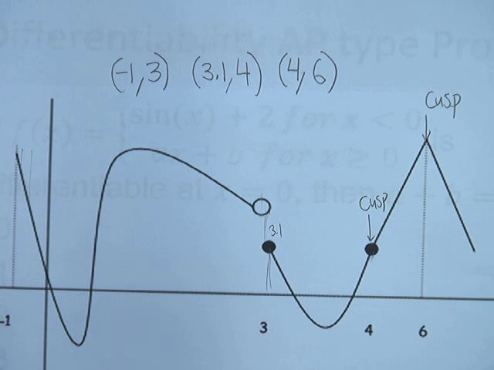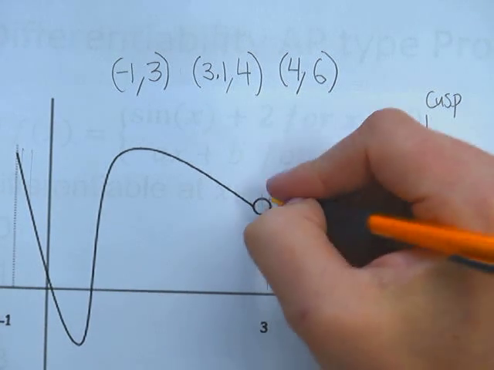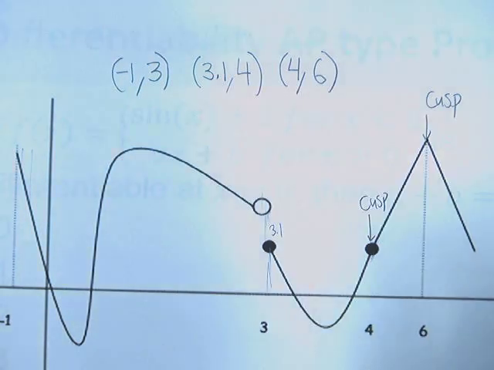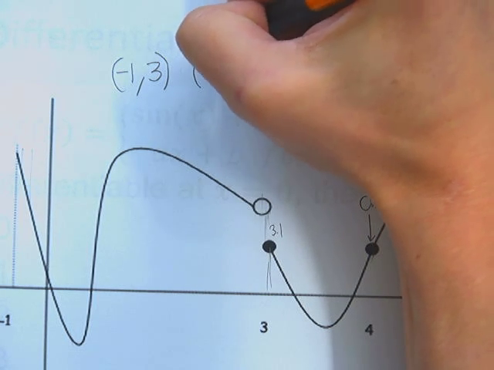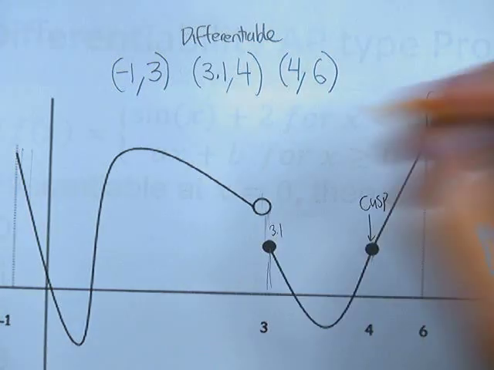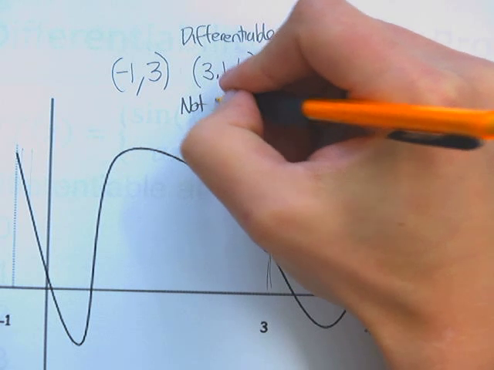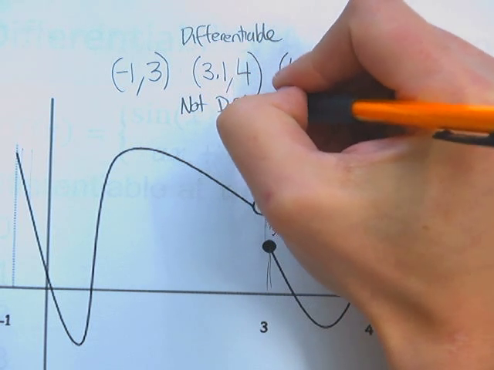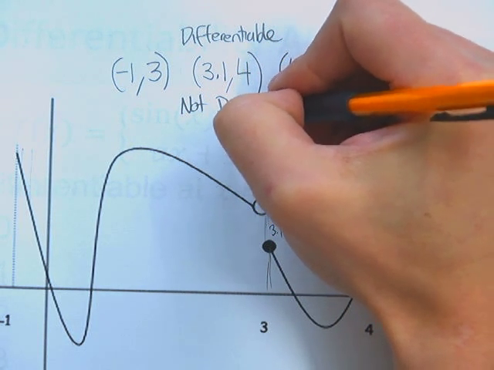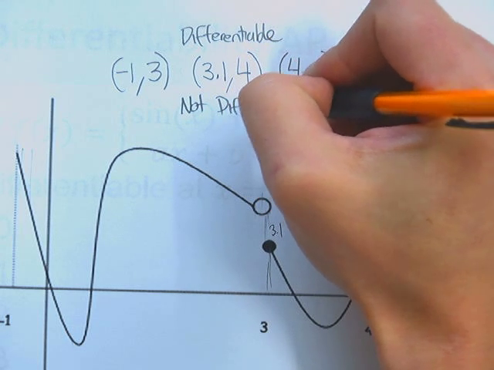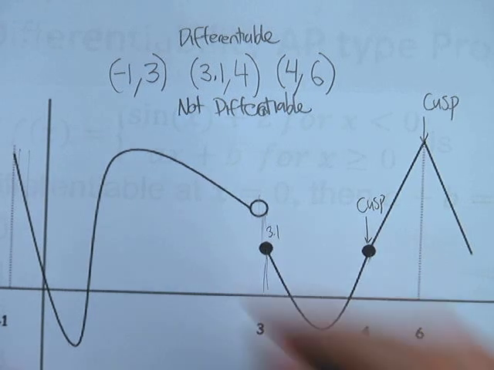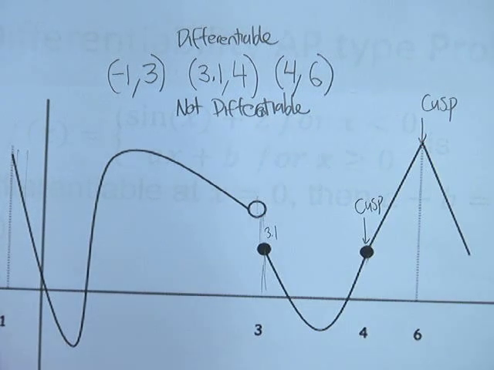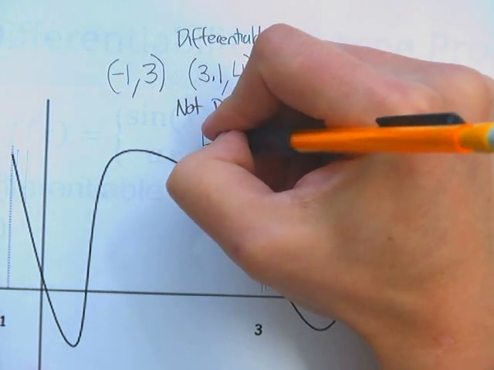If it asks you where this thing is not differentiable, well, we said it didn't exist in between here and here. So this is differentiable. Let's write where it's not differentiable. And I can spell, I promise. All right, it's not differentiable between 3 and 3.1, including the edges.